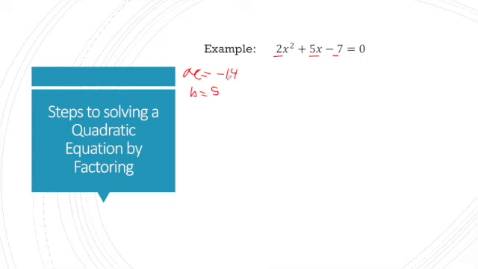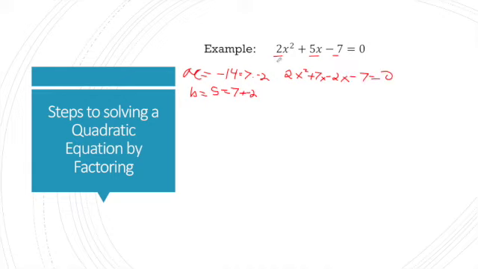I could get negative 14 by taking a positive 7 times a negative 2, and then 7 plus negative 2 is going to give me 5. So I go ahead and pull this middle term apart, and then I can factor by grouping. So I have 2x squared plus 7x minus 2x minus 7 equals 0.